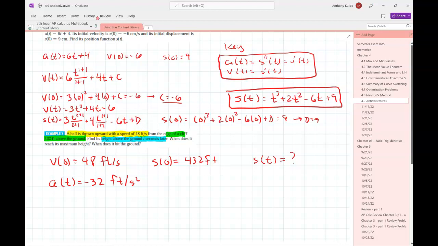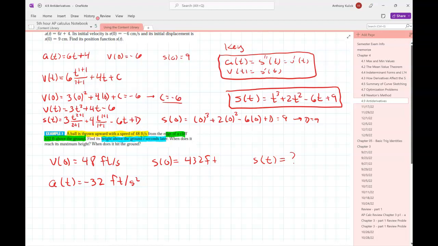Acceleration in calc is negative 32, because we're in feet, not meters. If the question was in meters, you can use negative 10 or negative 9.8. When I took physics, they made us use negative 9.81. Yeah, they wanted that much accuracy.